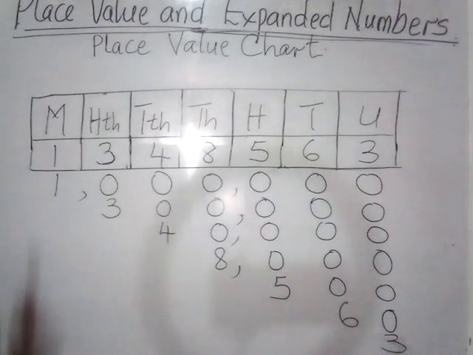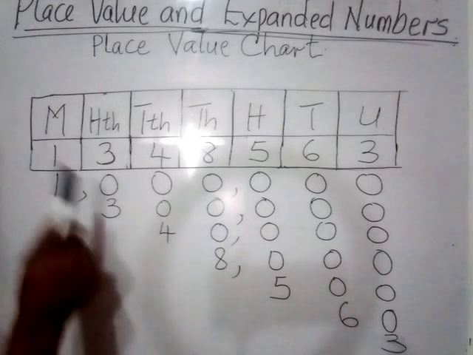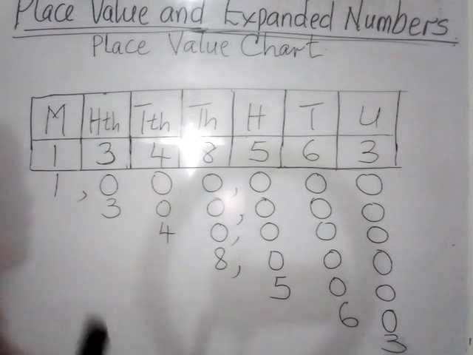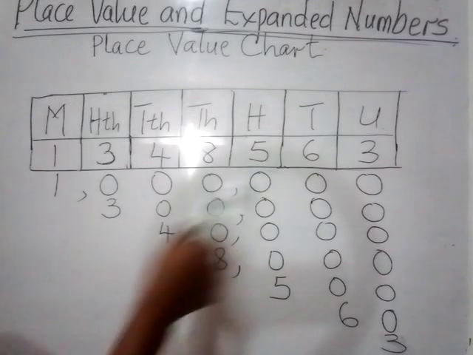When you're done with that, you go to the next digit. You write it out. Every other digit to the right of it becomes 0. That's how you do it till you get to the last digit, which is in the unit position, and that's the only digit that does not carry a 0 after it, because it has no digit coming after it that is going to become a 0. So this is the expanded form.